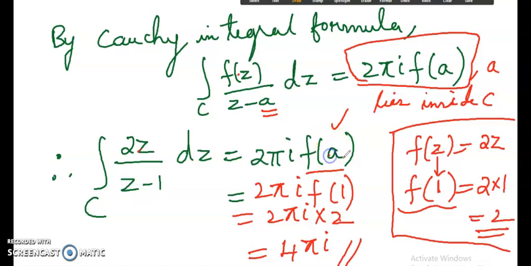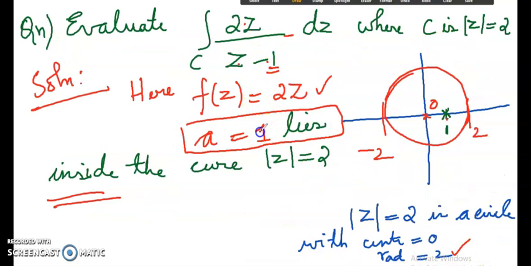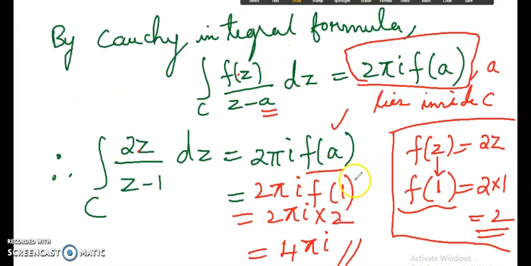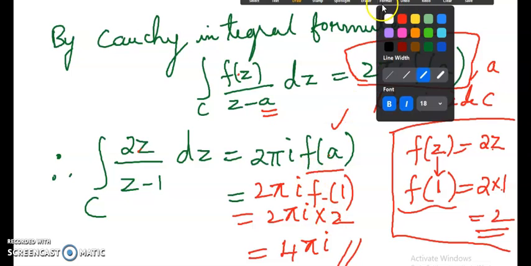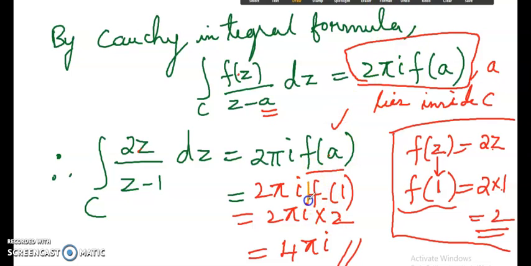Now the a value is 1, so f of 1 is 2 into 1, so we get 2. Now replace f of 1 by 2 in the whole expression, so that you get 2 twos are 4 pi i as the solution.